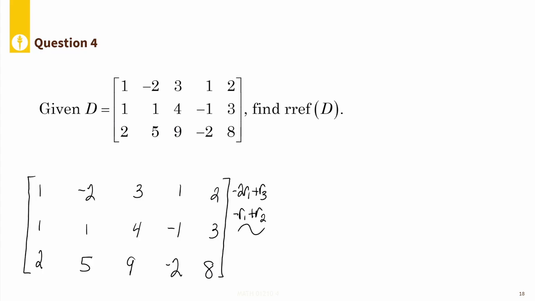Negative 1 row 1 plus row 2, right? And then negative 2 row 1 plus row 3 would zero out the first column.